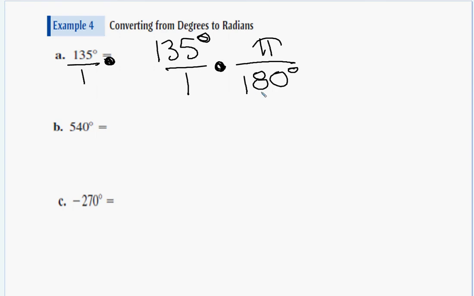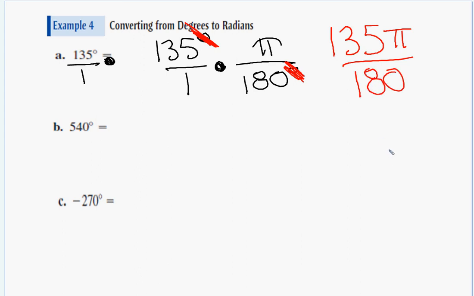And then once it's on the diagonal like that, the degrees cancel. The degrees are units, and they cancel away. So this up top here is pi radians. That's our new units. If we multiply straight across, we get 135 pi over 180, which is technically correct, but it's not as nice as it could be.